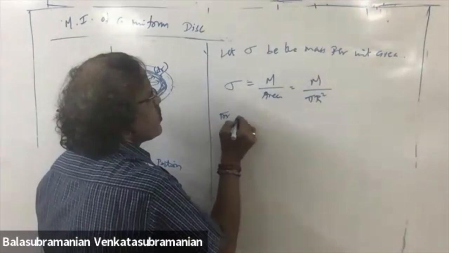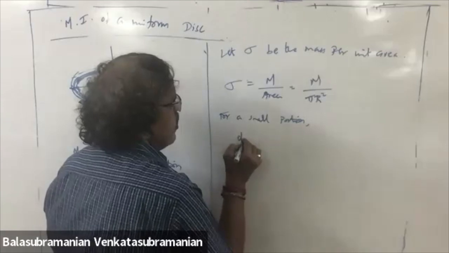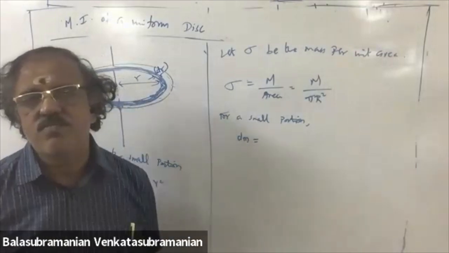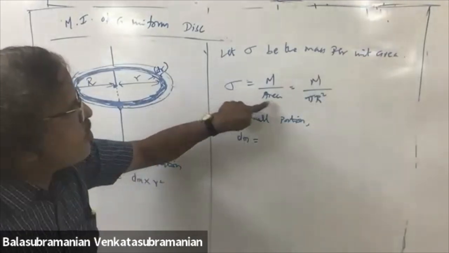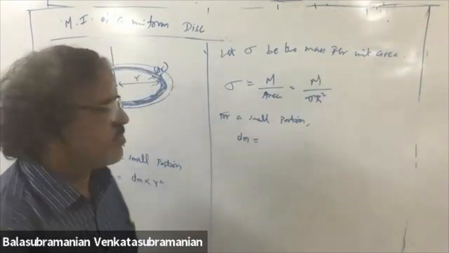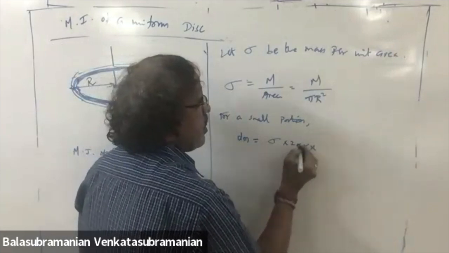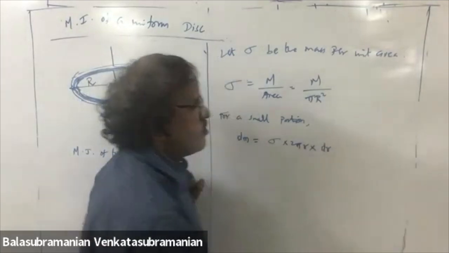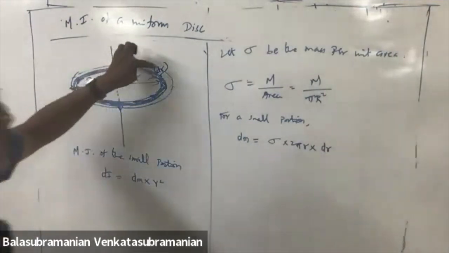For a small portion, dm into r square, we have to calculate. What is dm? We have to write first. Sigma into area. That small portion circumference, sigma into 2 pi r into the thickness. What is the thickness here? dr. Why have we taken dr as a thickness?